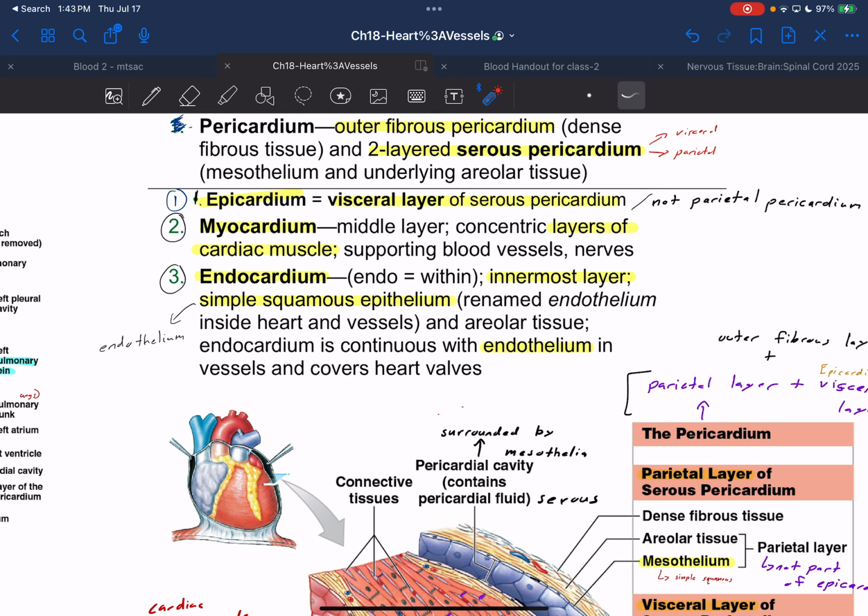The word endothelium always means simple squamous inside of blood vessels and the heart. Just like it says here, I'll highlight it in the text. Endothelium inside of heart and blood vessels.